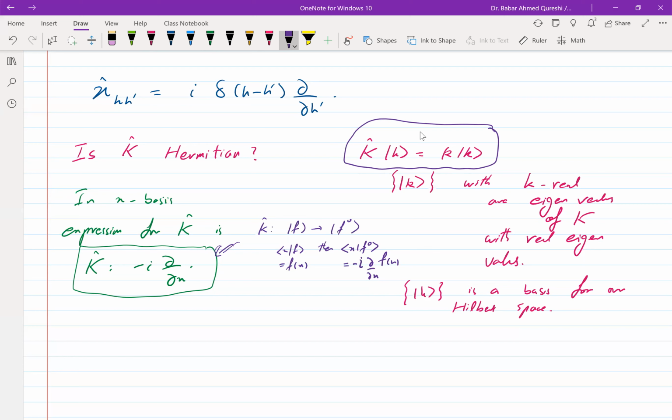integration by parts. And when we did integration by parts, we assumed that the vectors on which it acts must be of this form. We derive this part, that on the k basis it acts this way, if it acts on only those vectors, so that we neglected these boundary terms.